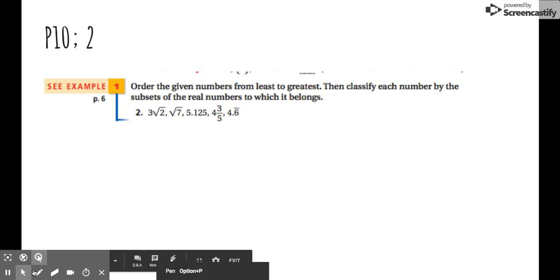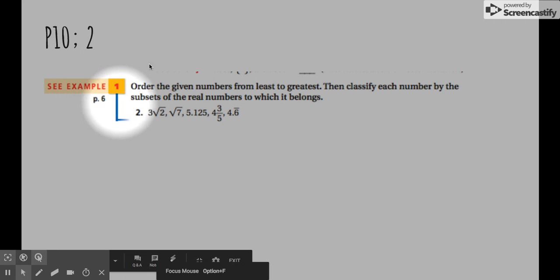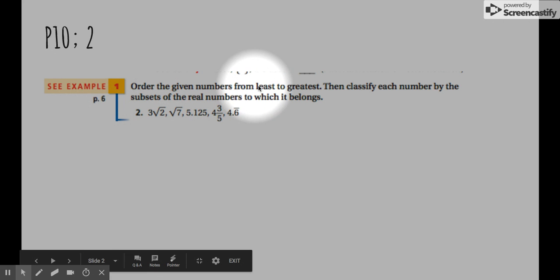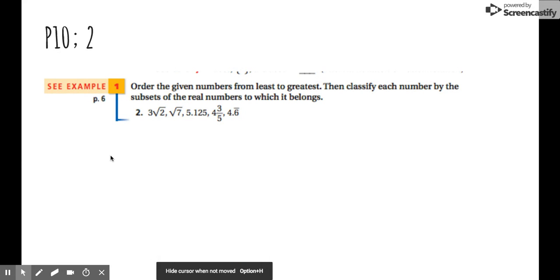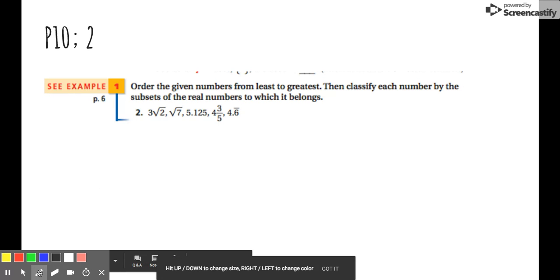Okay, problem 2. We are to order the given numbers from least to greatest first. So in order to do that, first thing you want to do is put them all in the same form.